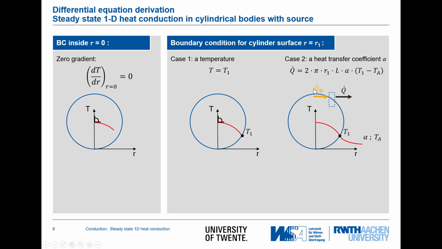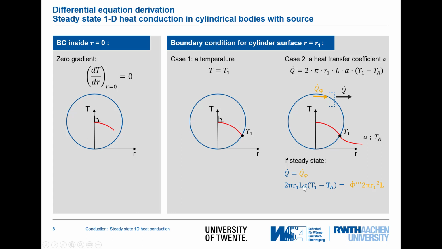We know the total heat released by the cylindrical body as the integral of the volumetric heat source Q dot 3 dash, and this integral is then Q dot 3 dash times the volume. So if we are in steady state and the temperature does not change, the heat leaving the body, Q, is equal to the total heat produced inside the body.